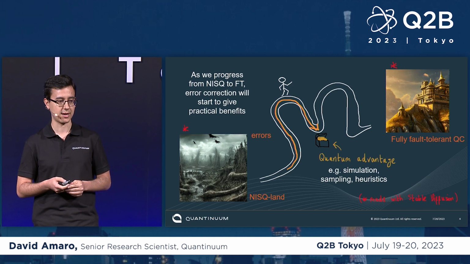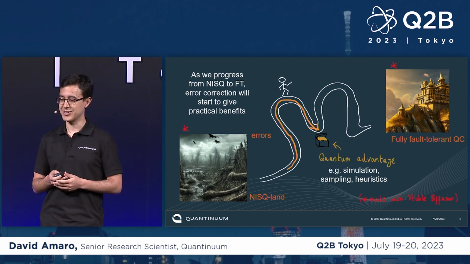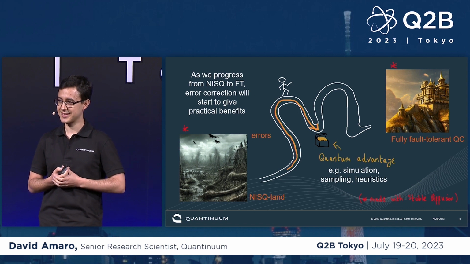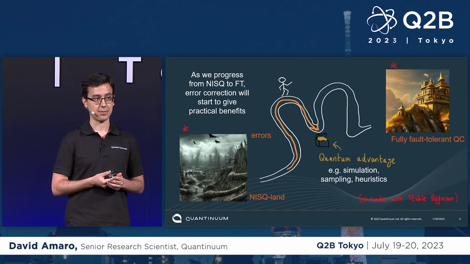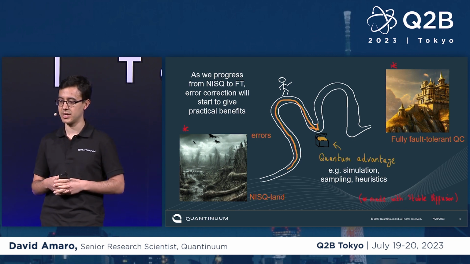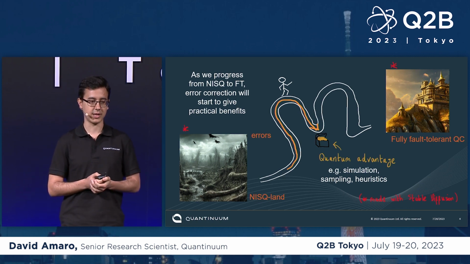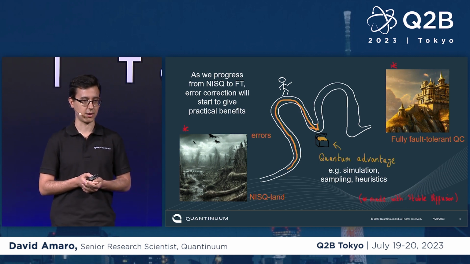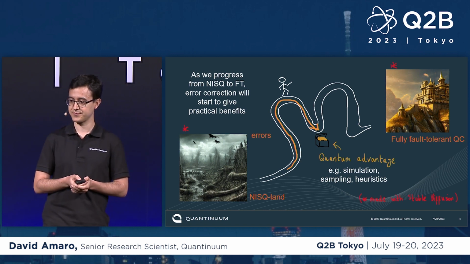So this is the picture that I want to show you. At the moment, we live in the NISQ land, the land of errors, where we try to do our computations, but we sometimes fail, or at least it's really hard to obtain very meaningful results because there are errors everywhere. And we want to get to the mighty land of fault-tolerant quantum computation, where everything is almost noiseless.